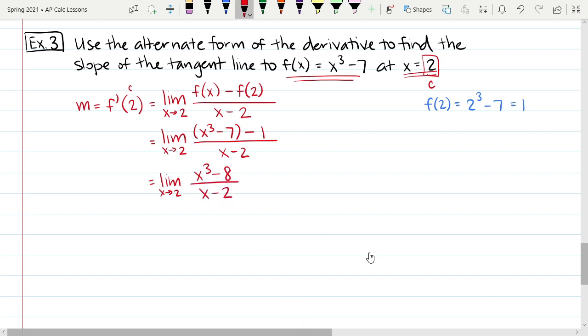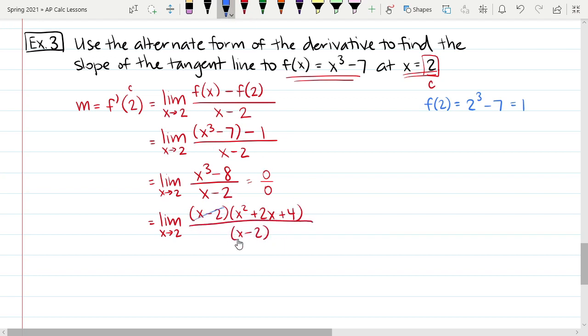And now this limit looks exactly like what you've been doing in the last unit. So first, if I use direct substitution, I am going to get 0 over 0, so I do need to try something else. Let's go ahead and factor this. The numerator is a difference of 2 cubes. That's going to be x minus 2 times x squared plus 2x plus 4 all over x minus 2.